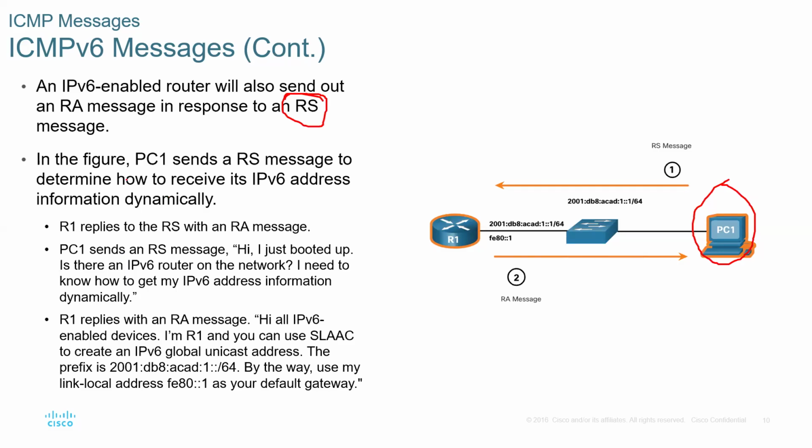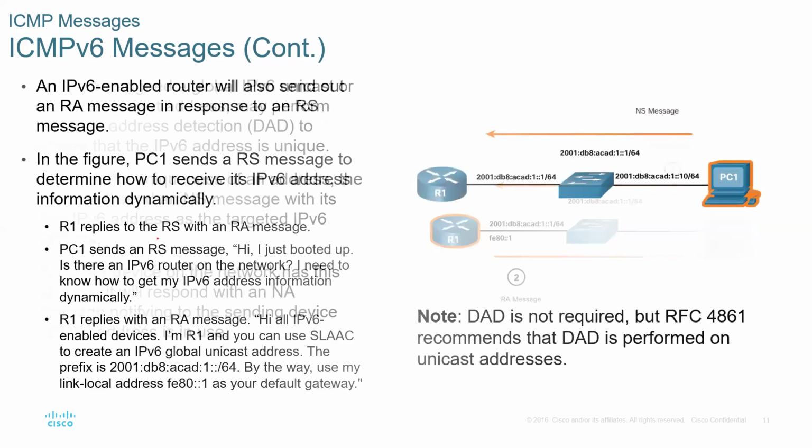So you see in the picture, PC1 sends a solicitation message to determine how to receive its IP version 6 address automatically. So it's like, hey, I am on the network now. I'm looking for an IP configuration. Does anyone have one to provide for me? Then the router can reply with the router advertisement. All right, that is how it works.